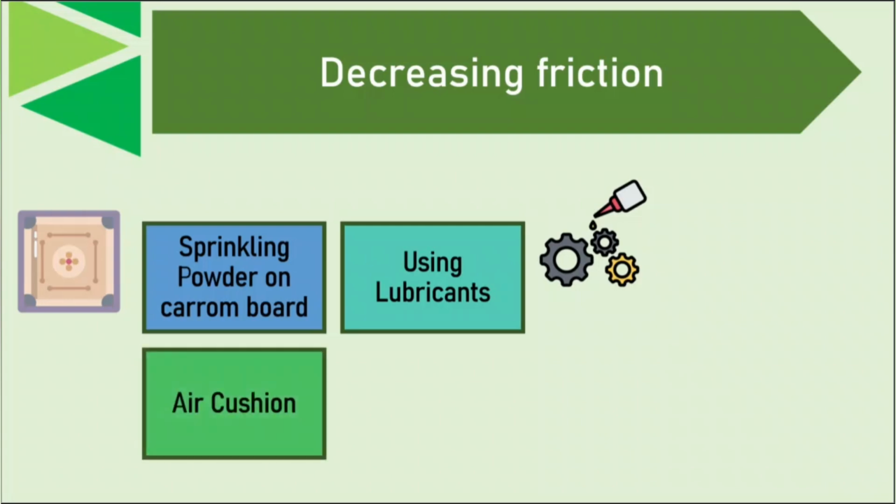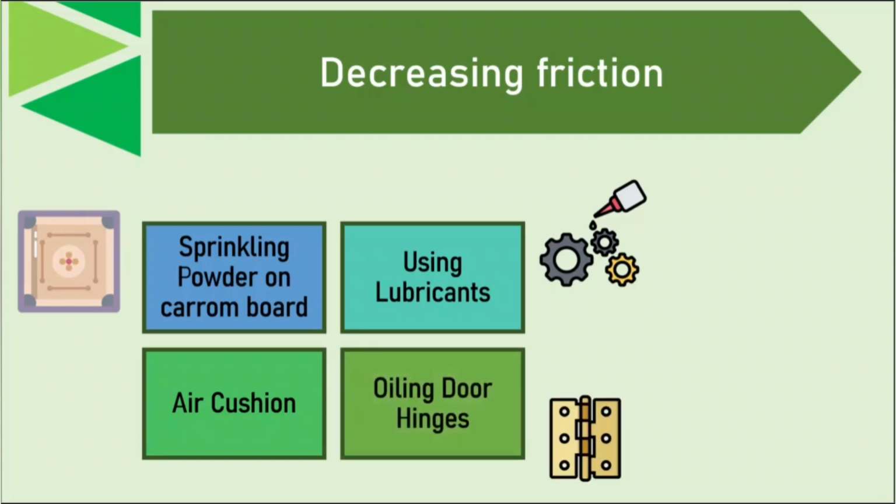In certain machineries where you cannot use oil as a lubricant, an air cushion is used. Basically, there is a small gap left between the machineries where air acts as a cushion or a lubricant. So another common example of lubricants can be oiling door hinges. Oil is poured on door hinges to reduce friction, and therefore you can see that the doors start moving smoothly.